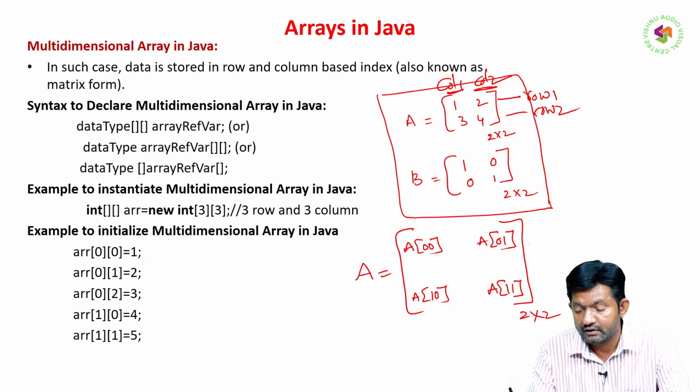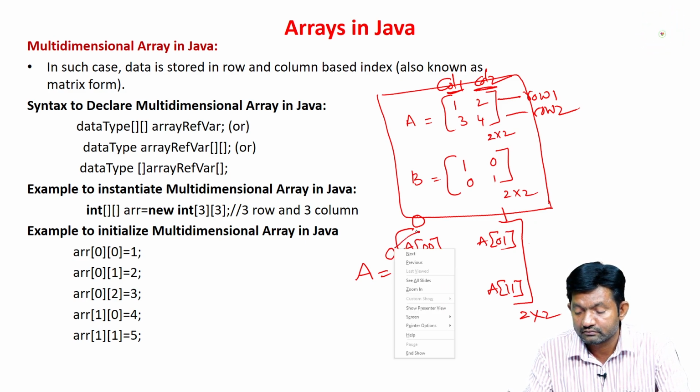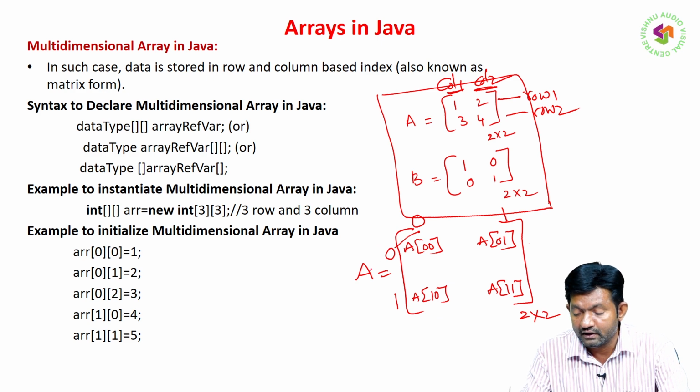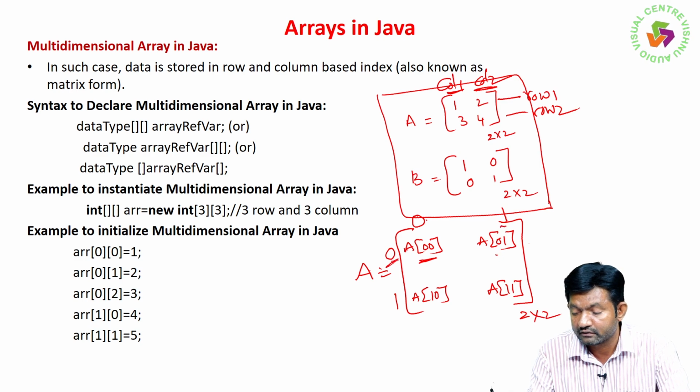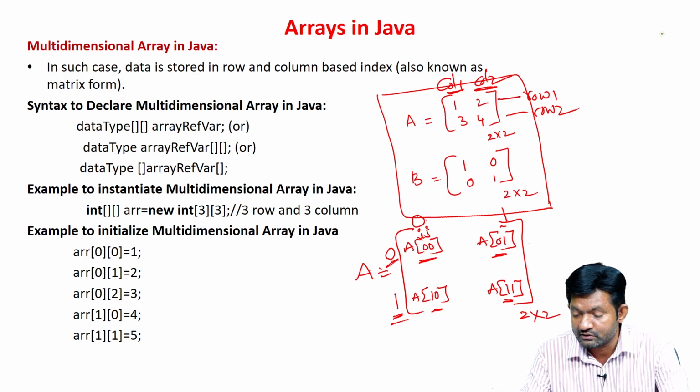That is 0th column, first column, 0th row, first row. Mathematically, it is the ith row, jth column. Now I will write the ith row and jth column elements.